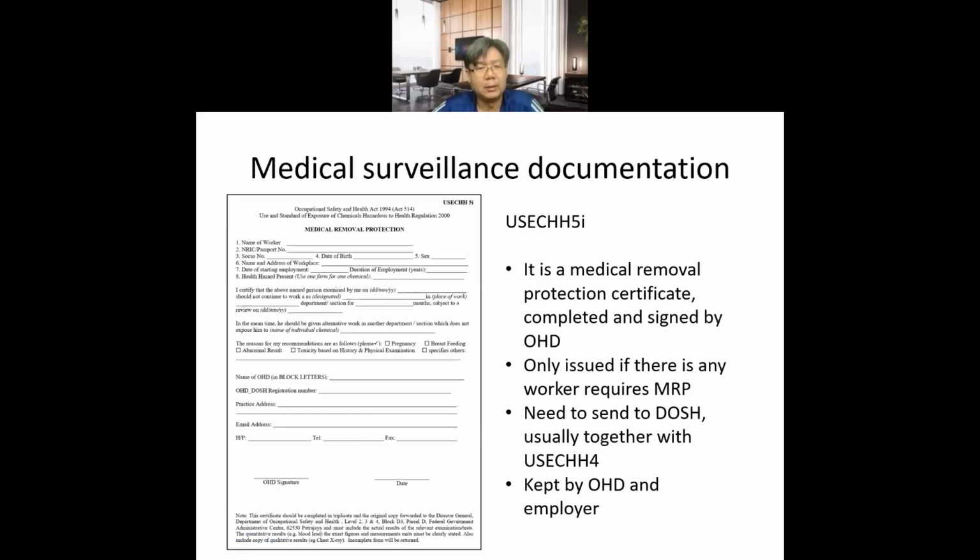Use 51 is for MRP, medical removal protection. For any employee who needs to be removed, the OHT will sign this form.